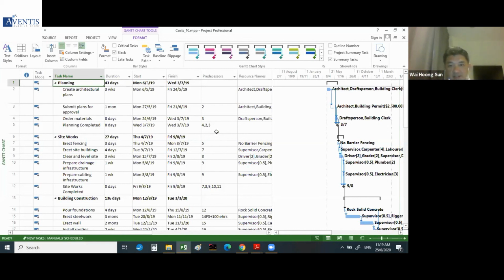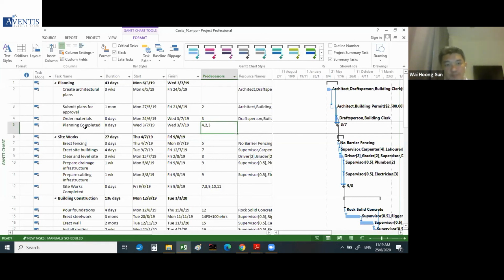And you could see this last item here, which is a milestone that is dependent on 4, 2, and 3. That means you need these 3 tasks to be completed before the planning phase is completed. Okay, so that's on the tasks here.